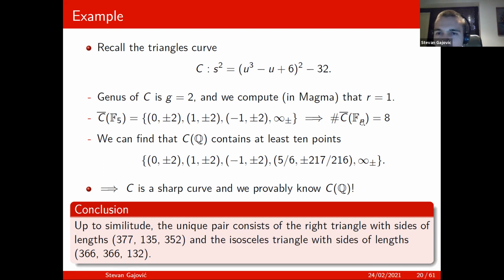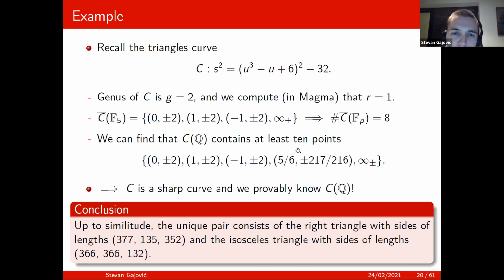And then we can find 10 points on this curve. And then we are done, because the bound says 8 plus 2G minus 2, which is 10, and we found 10 points. So we conclude that this set is actually the set of all rational points on C.